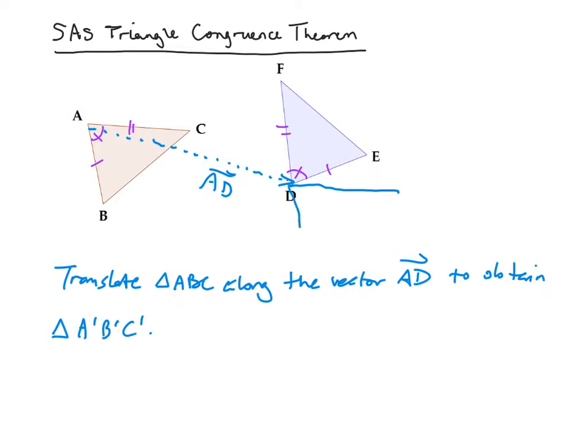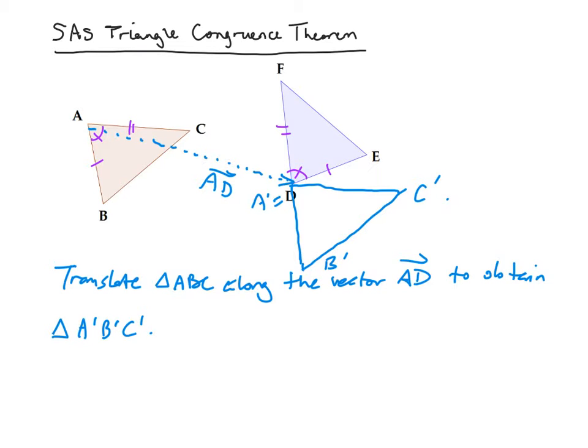I'm going to draw this as accurately as I can. Not bad. So that's going to be A prime, B prime, C prime. And you'll notice that A prime is the same as D.